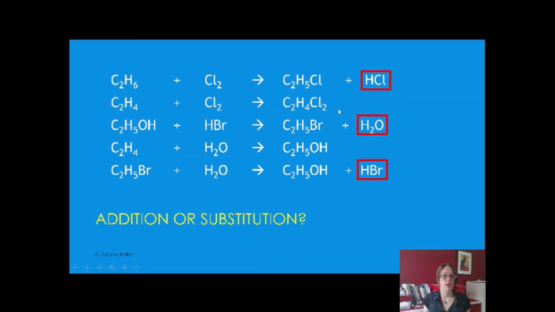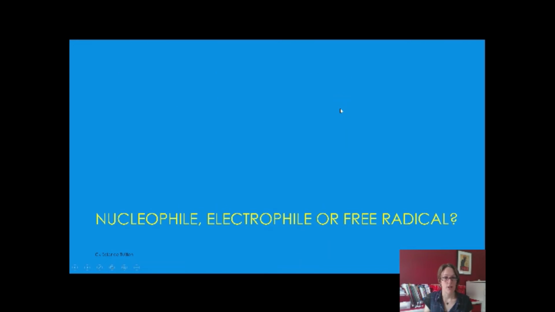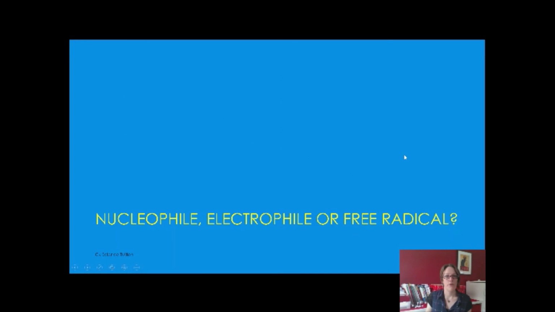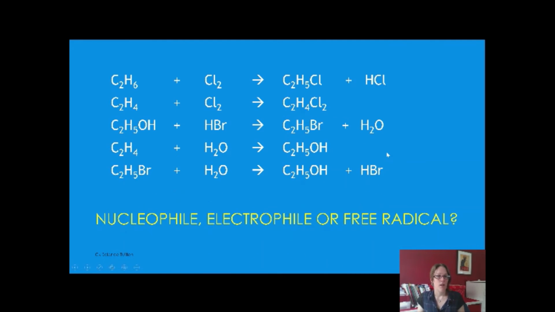If we look at the two things that are addition reactions, they are C2H4, so they are alkenes. So that's how I find addition or substitution. So far, so easy. But how do I identify nucleophile, electrophile, or free radical? A little bit more challenging. And the reason it's challenging in this example is because people tend to try and look at the reactant on the right.